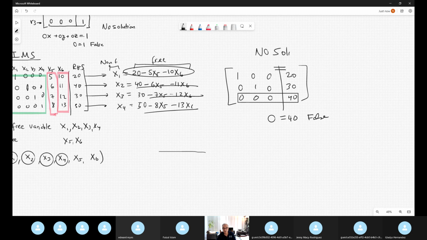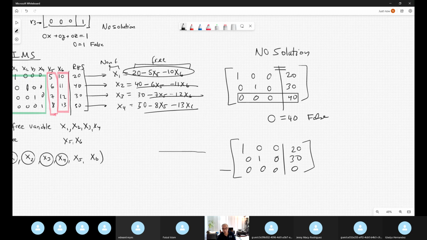So my recommendation is always try to see the last equation, the equation in the last row. Because sometimes it's like that, or sometimes it's like that. Suppose that it is 0, 0, 0, 0. Oh, it's different to this.